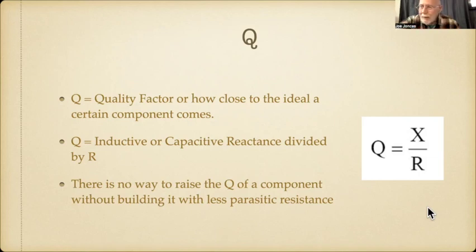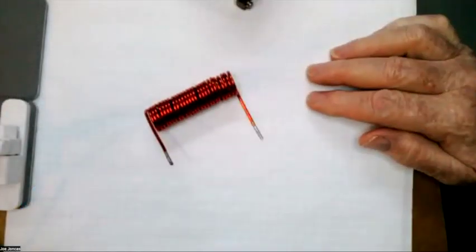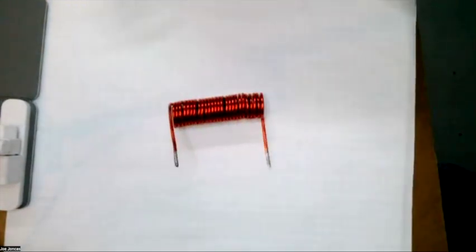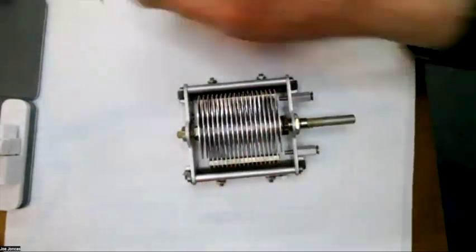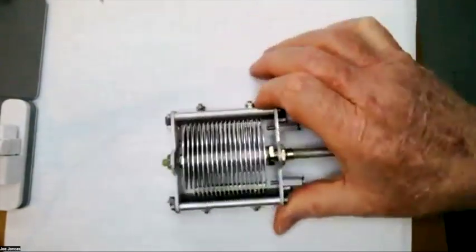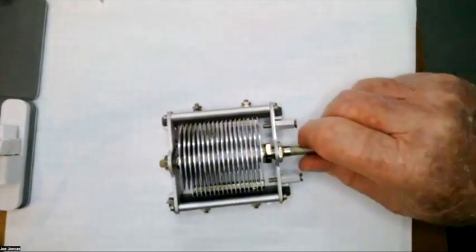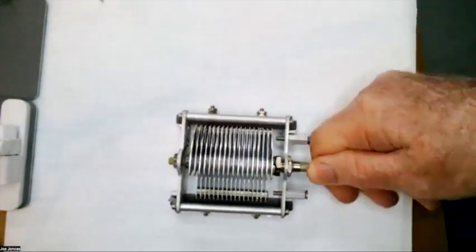Now, capacitors. Let's actually get out of this here. We got the pad. Yes, indeed. Good. Now I can show you stuff. Capacitors. This capacitor in itself and by its design is pretty much a very high Q part, and you can't change that much.